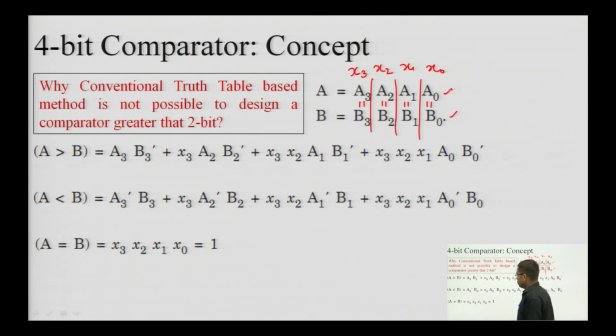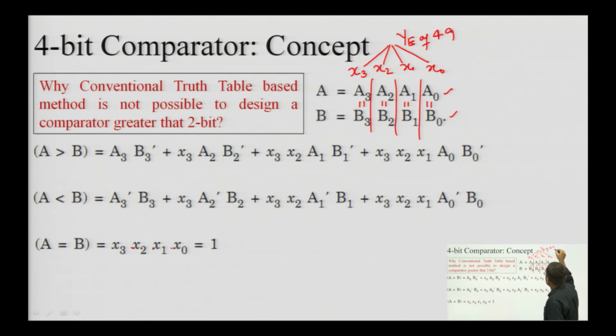So, if these 4 values x3, x2, x1, and x0 are identical, that means the equal outputs of these 4 individual 1-bit comparators, denoted by x3, x2, x1, and x0, are y e of the 4 individual comparators.